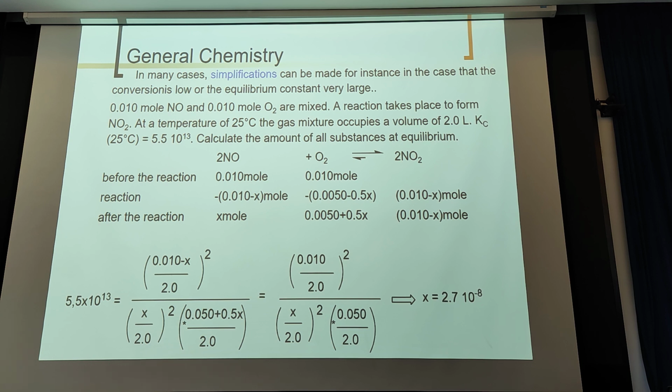What do I say? Trillion, actually. 55 trillion. So that means it's only products. Only very, very little of the starting material is left. So now you have to choose your parameter x carefully.